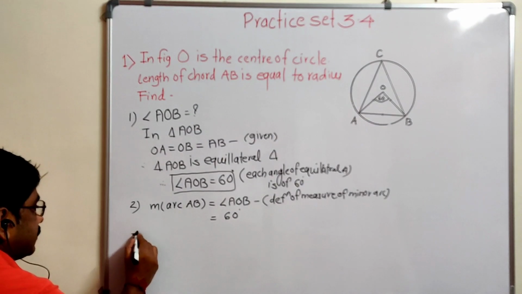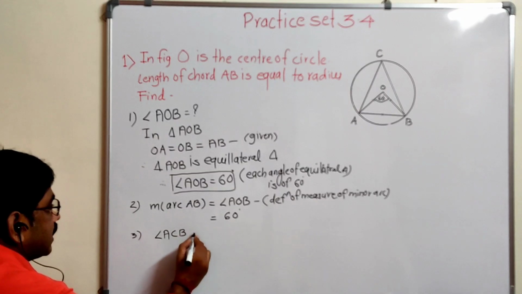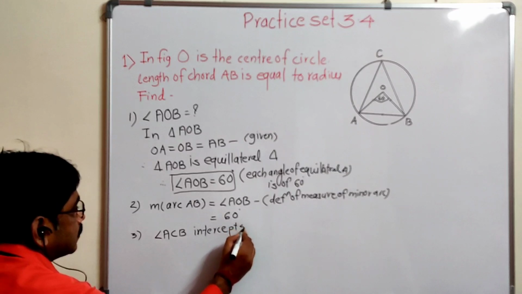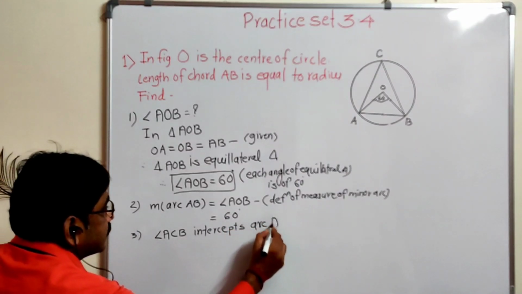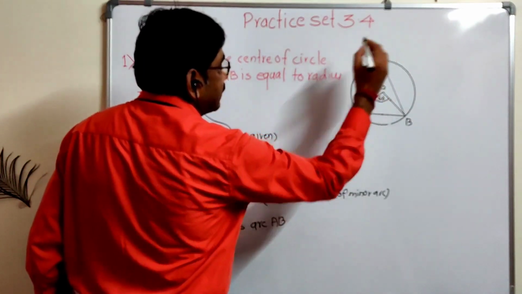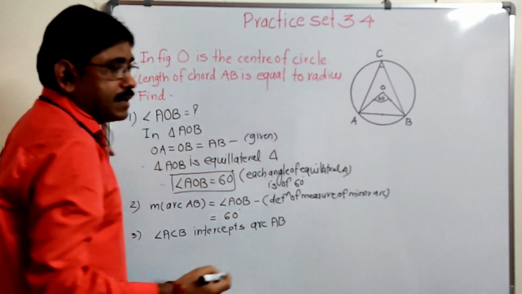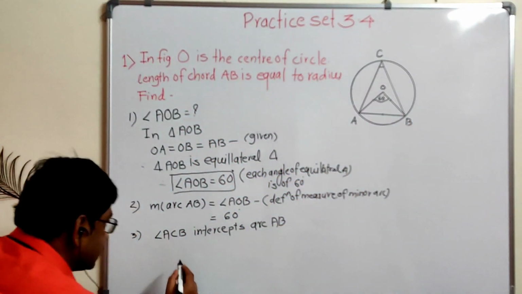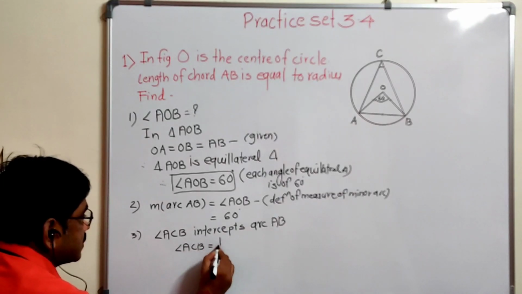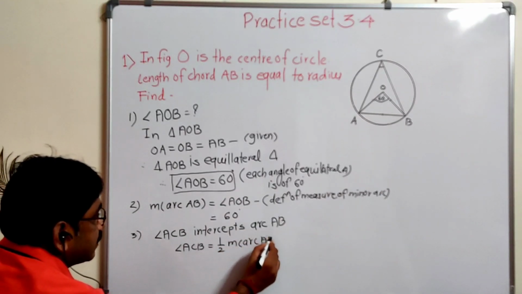Now third point, measure of angle ACB. It intercepts which arc? Arc AB. Angle ACB, which one? This one. Angle ACB intercepts this arc AB. So by the inscribed angle theorem, what can we write? Therefore, angle ACB equals half of arc AB.